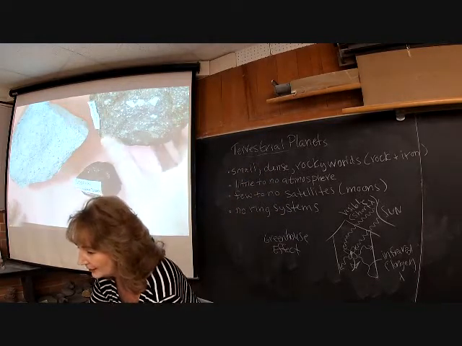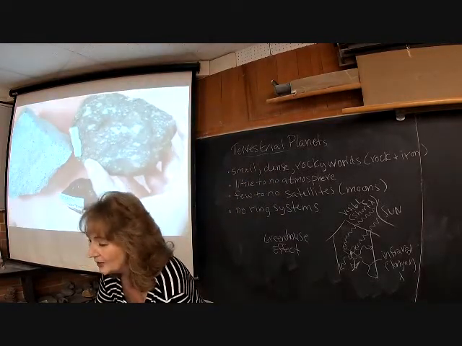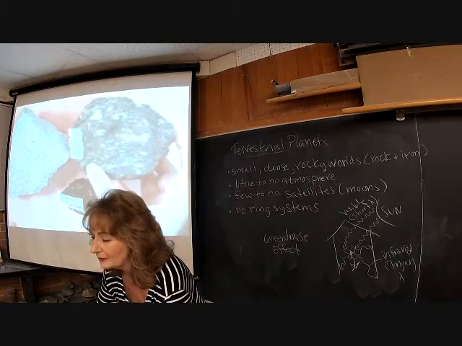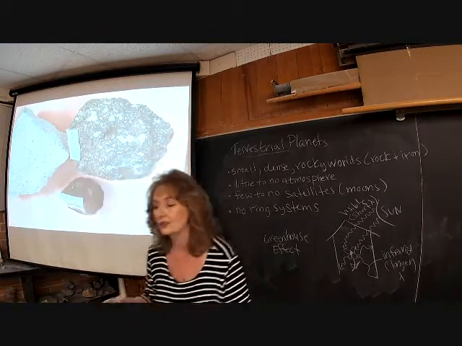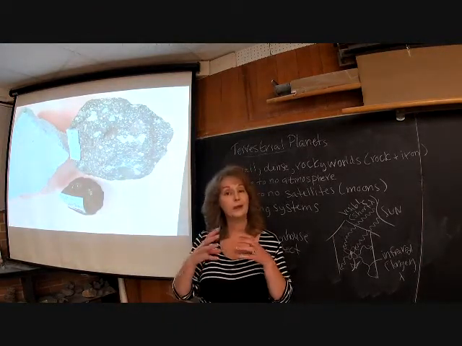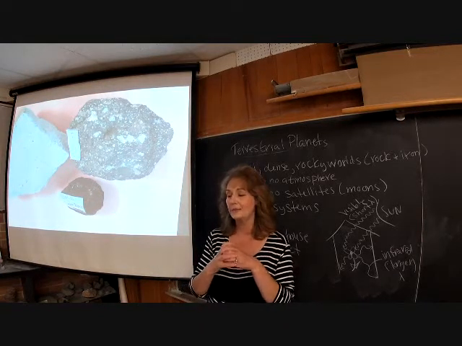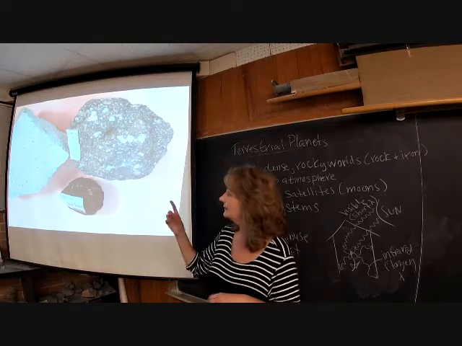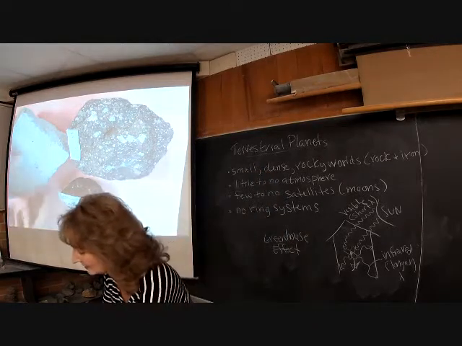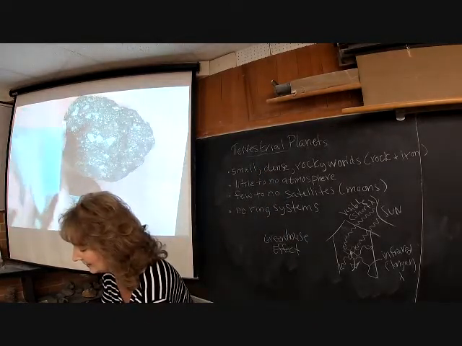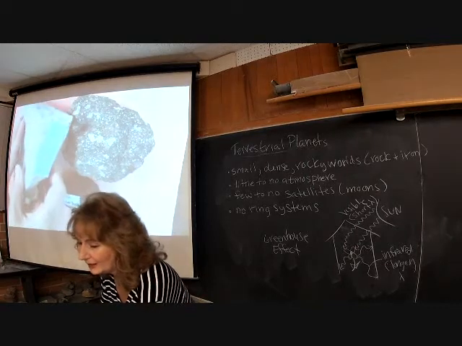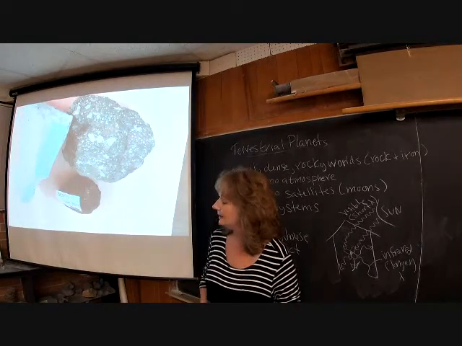This one is breccia. Okay, you're seeing all those jagged fragments that have been compressed together. So we do see breccia here on our planet as well. And then this other one over here is anorthosite. I've got my name. Very similar to a volcanic ash.